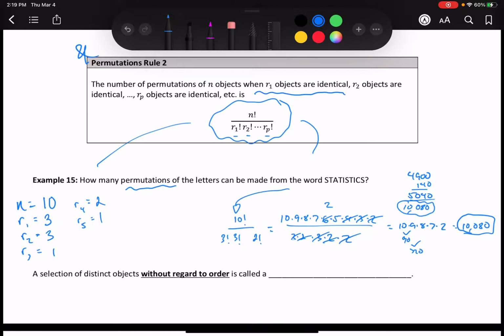So a selection of distinct objects without regard to order is called a combination. We usually try to be very careful with how we interject colloquial terms like combinations, because that's a word that most fifth graders know, but they certainly don't know it in the way that we will shortly.